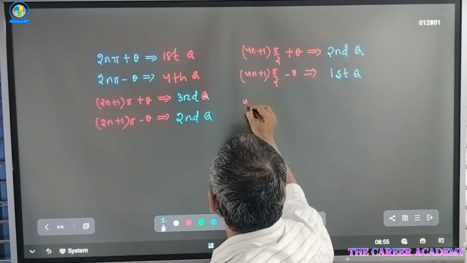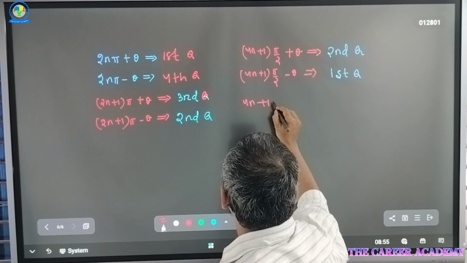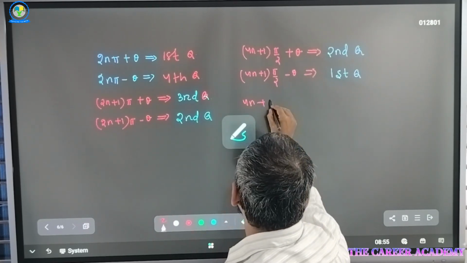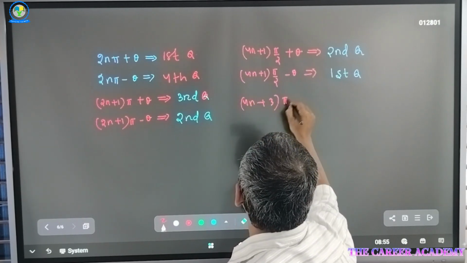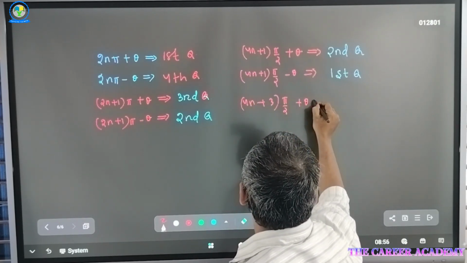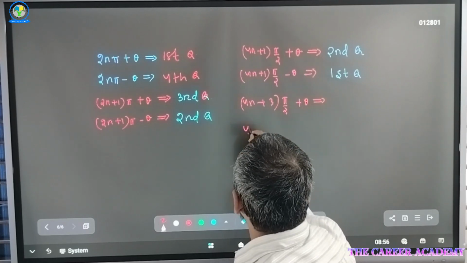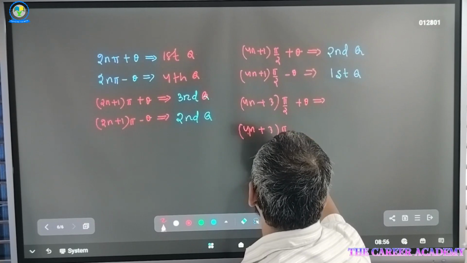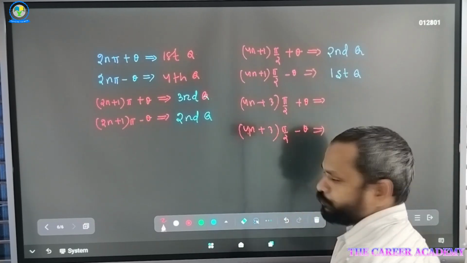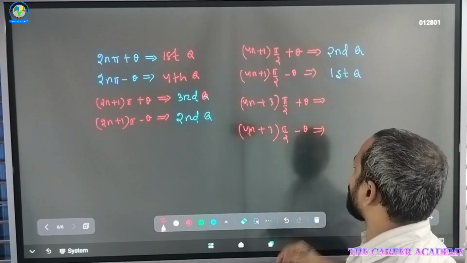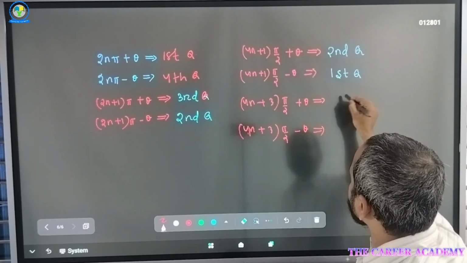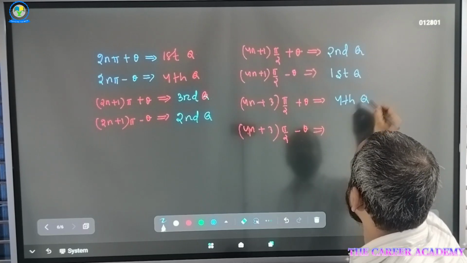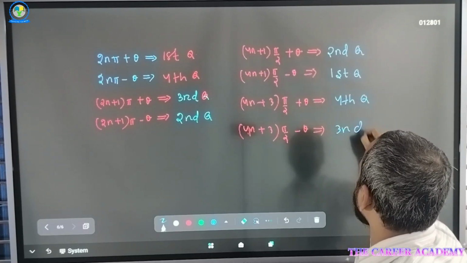If it is 4n plus 3 pi by 2 plus theta or 4n plus 3 pi by 2 minus theta, it can be fourth quadrant, it can be third quadrant.